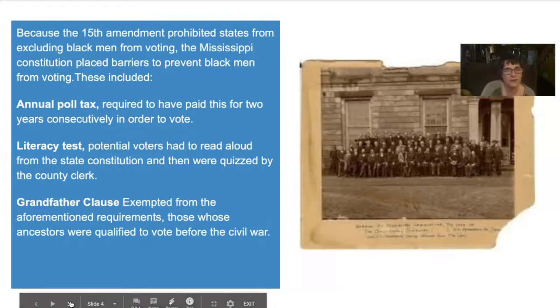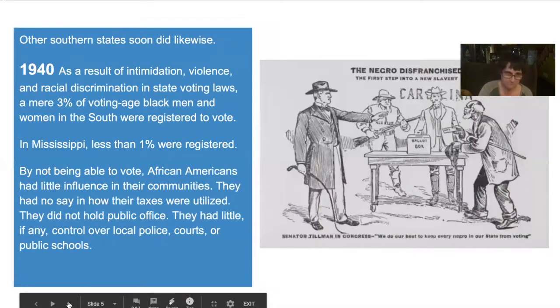And obviously, how difficult the quiz was, what the questions asked, depended on what race you were when you were registering. They also put in a grandfather clause, and through this clause, it exempted from the previous 2 barriers, the poll tax and the literacy test, anyone who had ancestors who were qualified to vote before the Civil War. So obviously, that disenfranchised all black people right there.